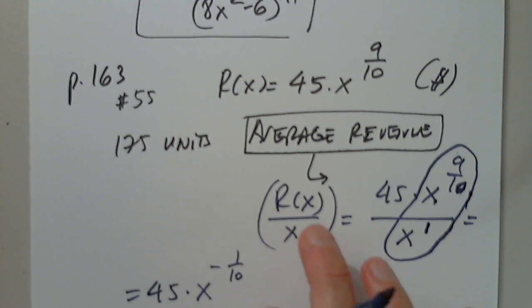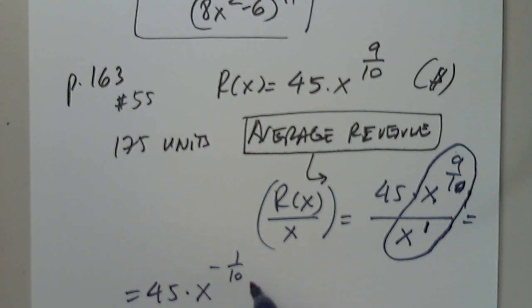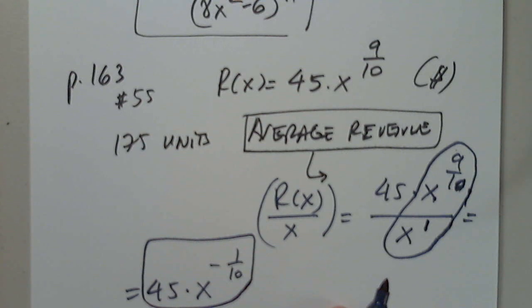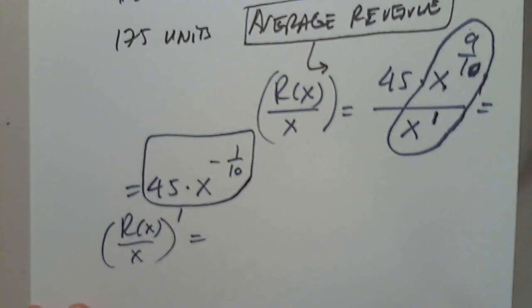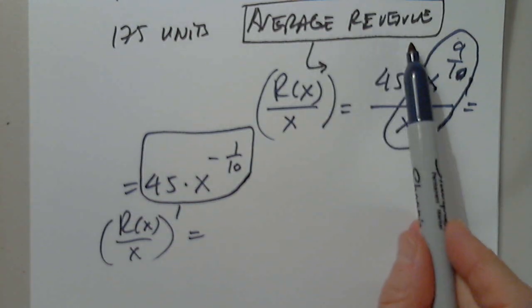They want us to find the derivative of this function. So r of x over x, prime, equals. Can anyone give us the derivative of this function? And that would be the rate of change of the average revenue.